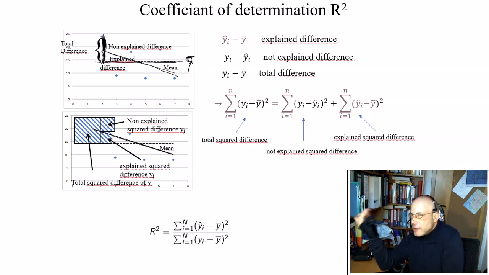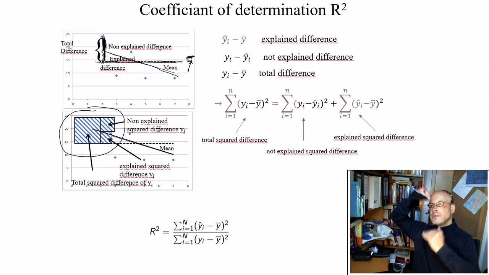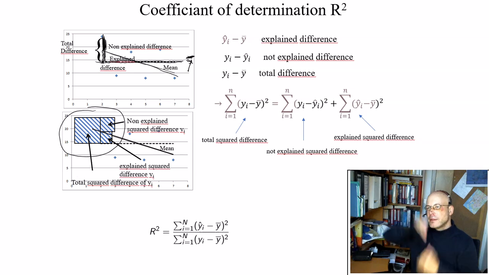Well, and we have already talked about this. We are not taking just the absolute distance, we take the squared distance. So the interpretation we have to do not just with the distances, but with the squared distances, which I plotted in the lower diagram.